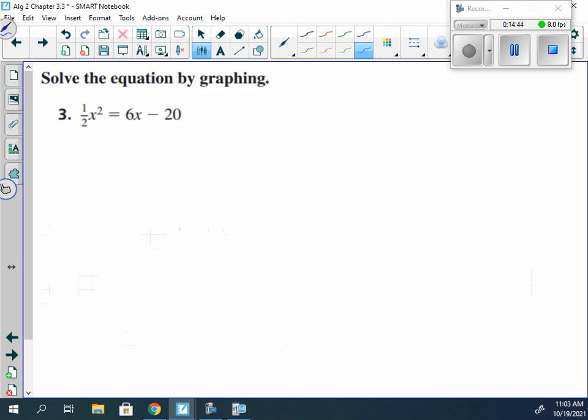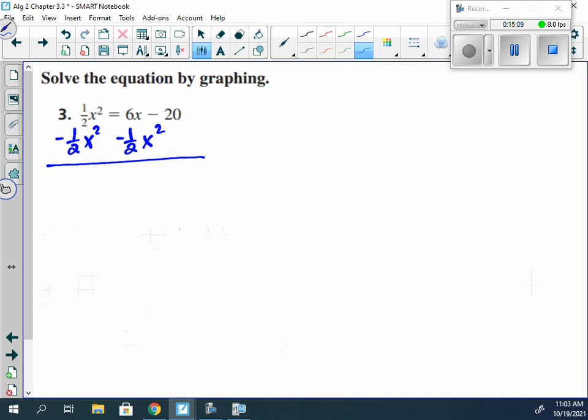Here we have 1/2 x squared equals 6x minus 20. Well, what's the first thing we'll need to do? We need this equal to 0. Now, since we know that we're going to graph it, we're going to plug it into the graphing calculator. We can subtract 1/2 x squared from both sides because we need it equal to 0.